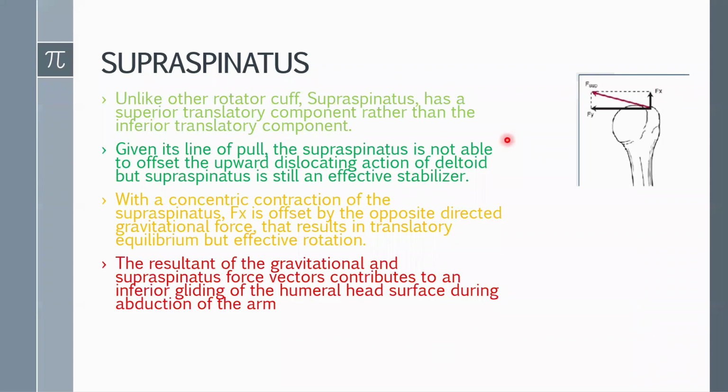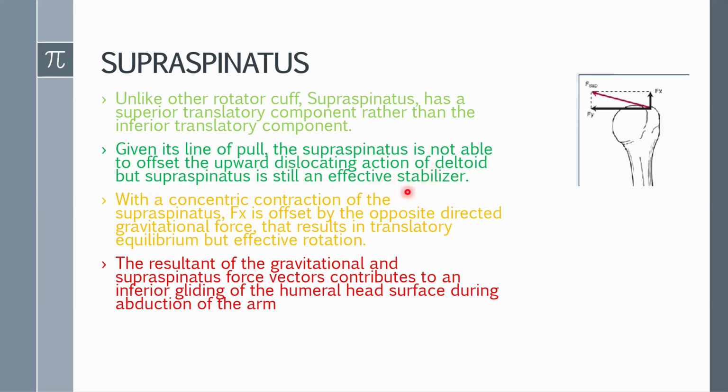And here also we have one more slide dedicated to supraspinatus. Unlike other rotator cuff muscles, supraspinatus has a superior translatory component rather than an inferior translatory component. Given its line of pull, the supraspinatus is not able to offset an upward dislocating action of deltoid, but supraspinatus is still an effective stabilizer.